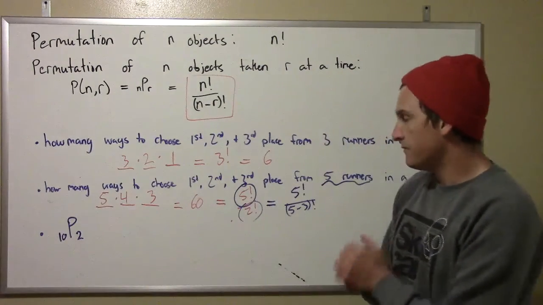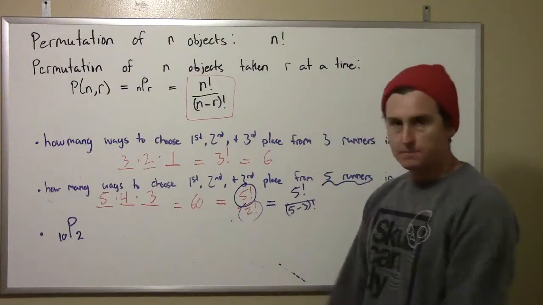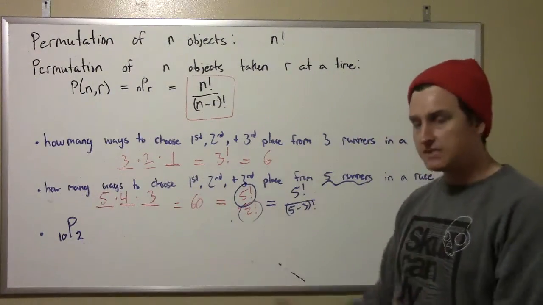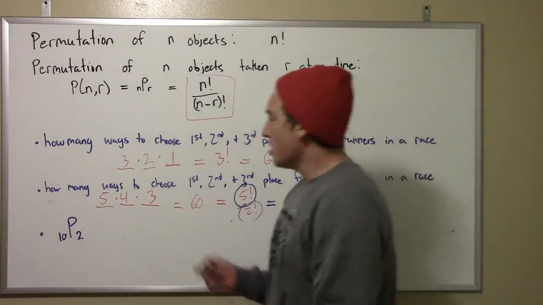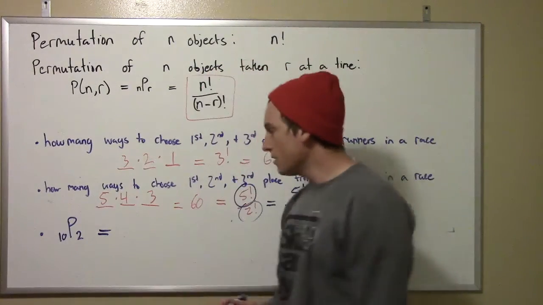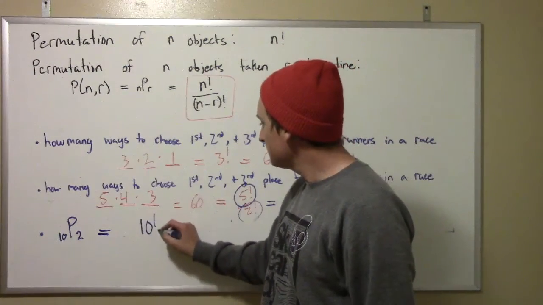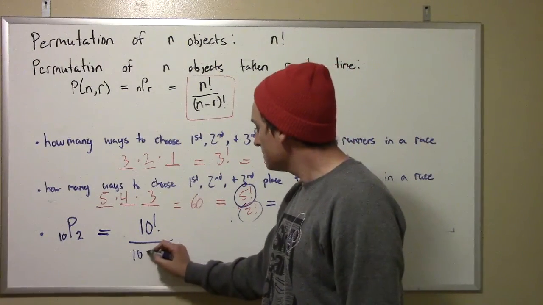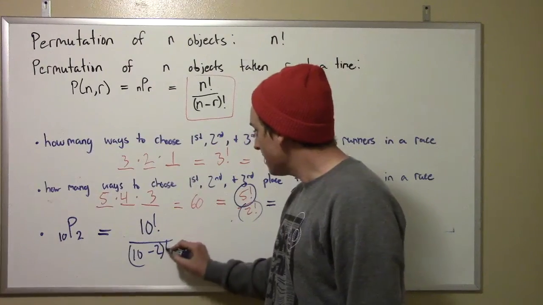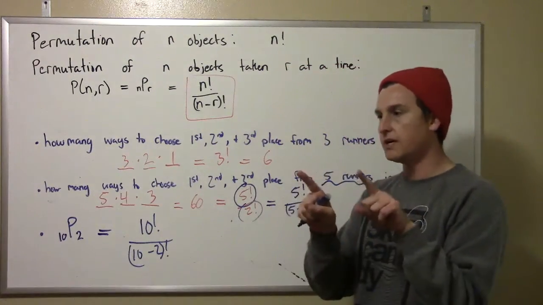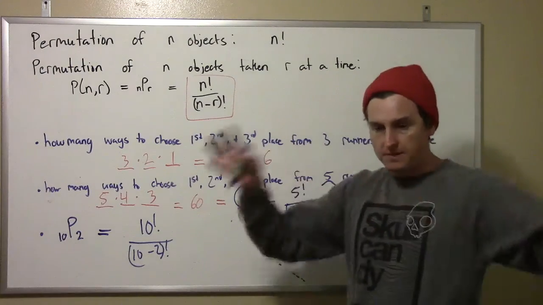At the very beginning of this video, I think, we talked about Pokemon cards or playing cards or whatever it happens to be, something you're collecting, like stamps. This is just the idea of you have 10 cards to choose from, and you're going to pick 2 of them, and you want to know how many different ways there are to order 2 cards from this list of 10.